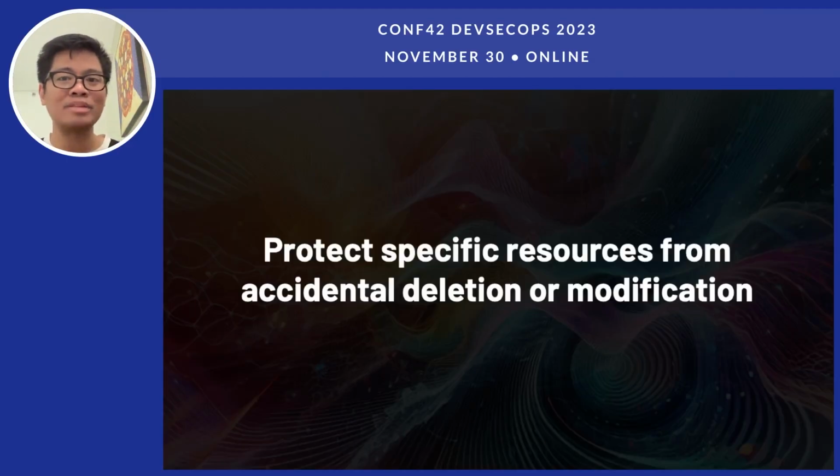Next, it's important to protect specific resources from accidental deletion or modification. So a lot of us just think of IaC as a simple process where we write code and then resources are created. However, IaC involves modification and deletion as well. So what if you created databases using IaC code?